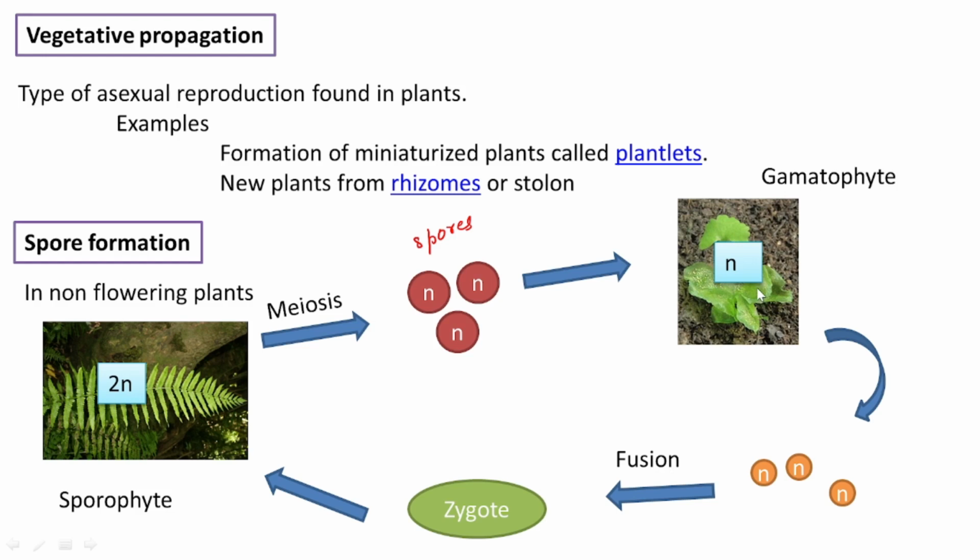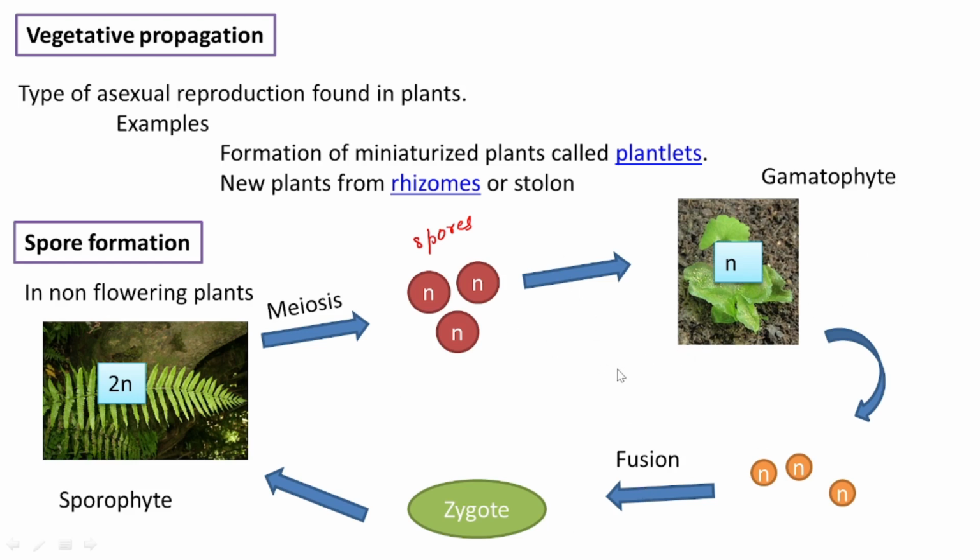That means for a complete sexual reproduction, both meiosis and fusion should take place in the same generation. But here the meiosis takes place in the sporophyte, and the fusion takes place in the gametophytic phase. That means in separate generations.